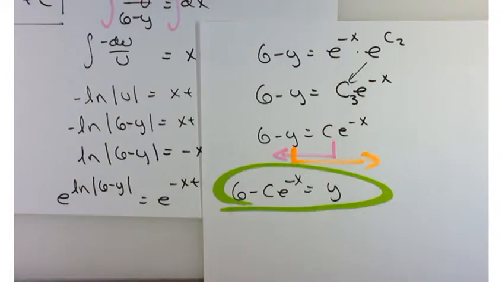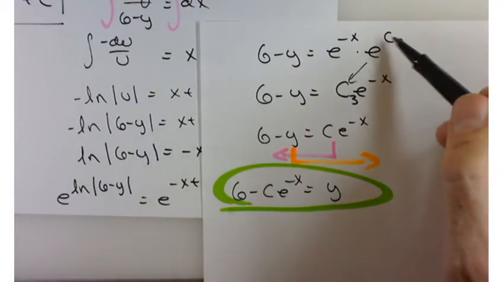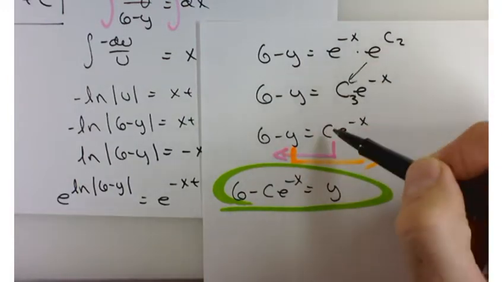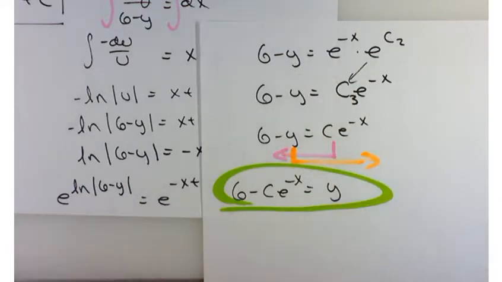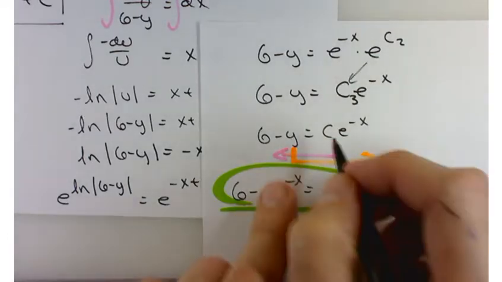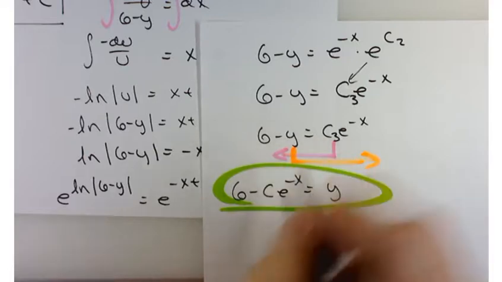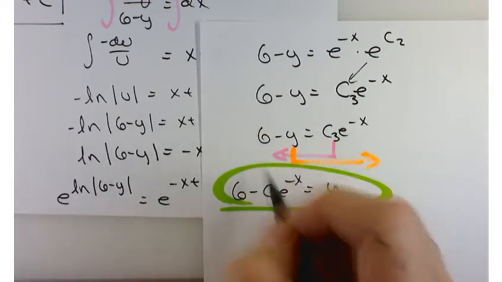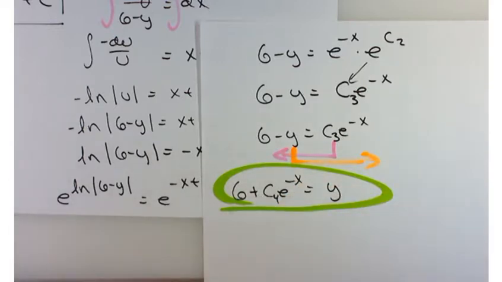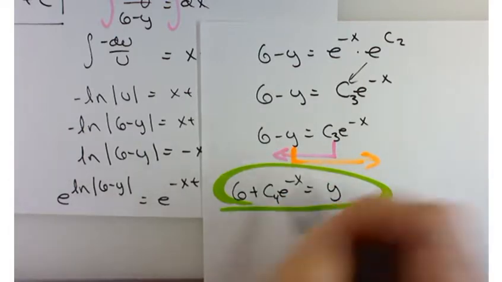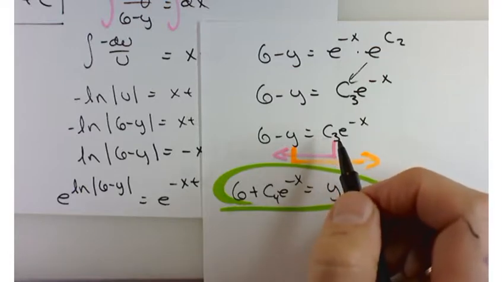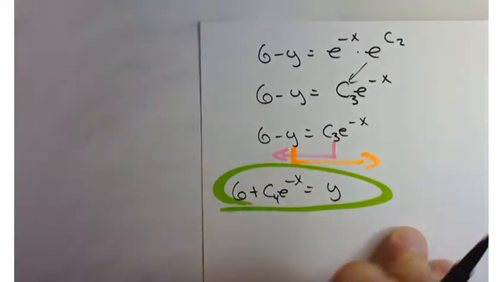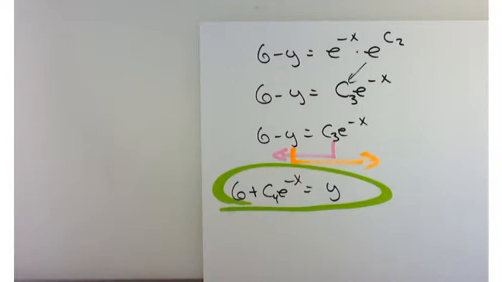So usually I'm in the habit of just writing it C and C and C and C. You could, technically, this is a different constant over here when you moved it to the other side. Well, I guess since I changed the sign, there you go. Now it's a different constant. Make it a plus. All right, so C4 is just opposite of what C3 was. One more? Yeah, please.